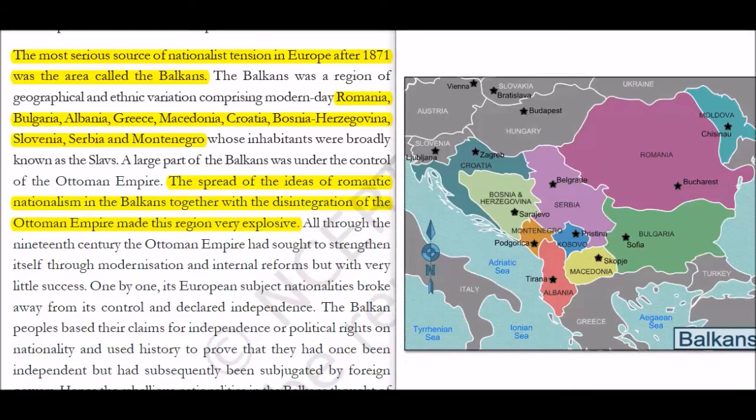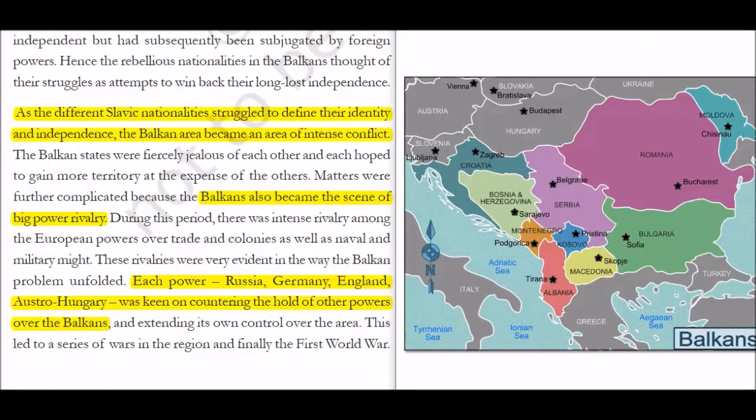These countries were called Balkans, and earlier these were under the control of the Ottoman Empire. But when the Ottoman Empire started to disintegrate, other powers tried to take control over this area, and it became the scene of big power rivalry.